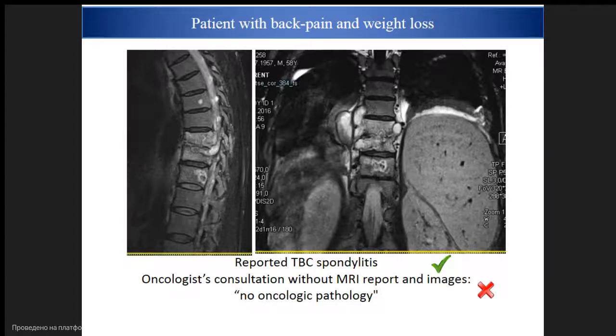MRI has demonstrated tuberculosis spondylitis, and the patient went to oncology because there was a suspicion of oncology before this. Without seeing the MRI report or the images, the oncologist has said and reported that there is no oncologic pathology, and the patient was lost for the health system.